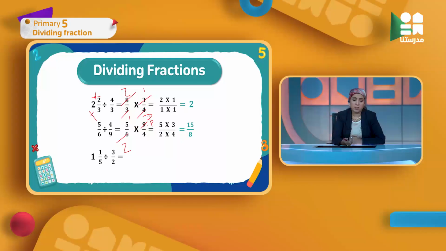The divided, I turn it to multiply, and the 3 over 2 will be flipped, so it will be 2 over 3. The 6 and 3, I can simplify them and divide them by 3. The 6 will be 2 and the 3 will be 1, so it will be 4 over 5, and I cannot simplify it anymore.